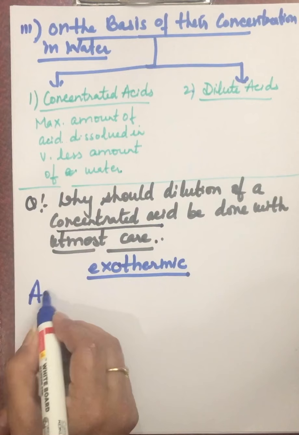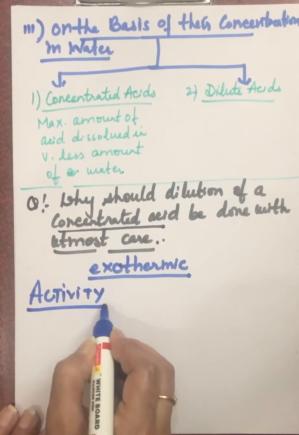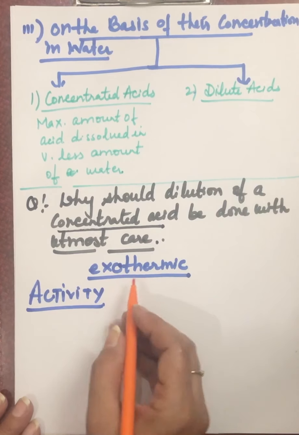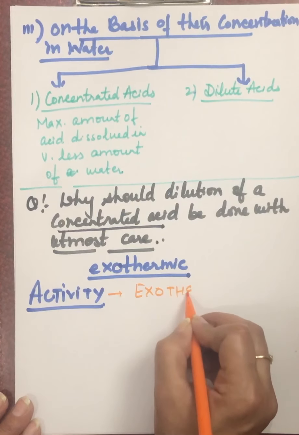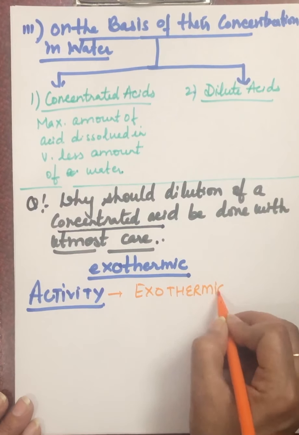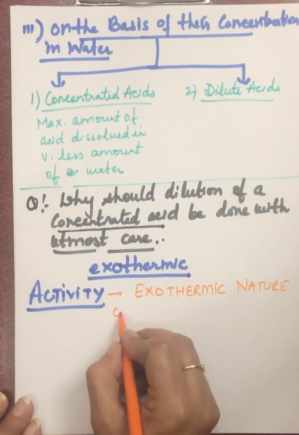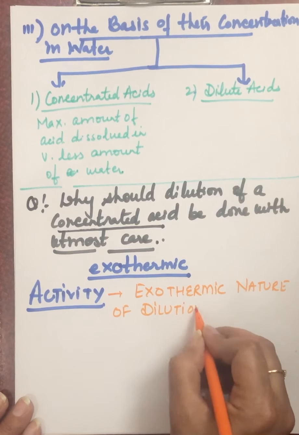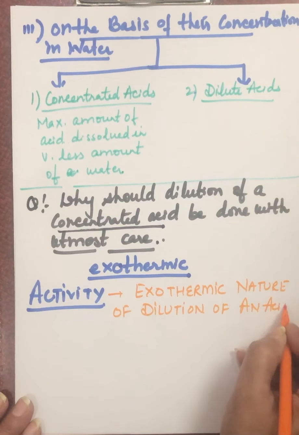Now next is activity. Just to prove that this is actually exothermic in nature, that is the exothermic nature of dilution of an acid. It's a very simple activity.